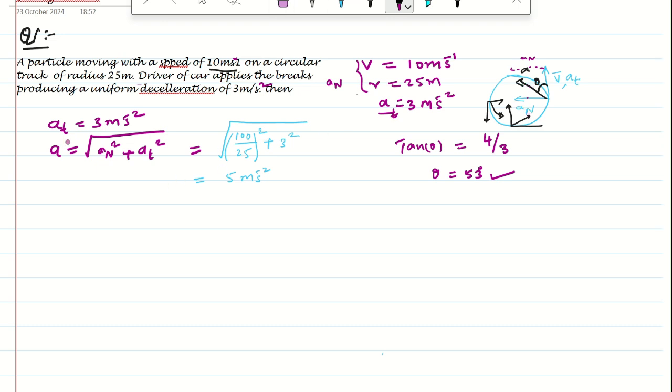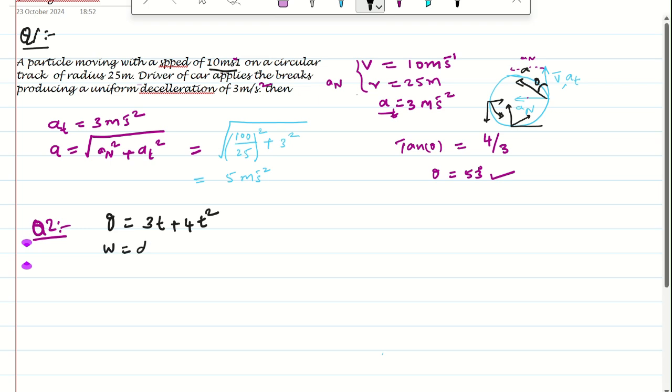So the next question is related to kinematics of circular motion. They are given theta is equal to 3t plus 4t square. We know angular velocity omega is equal to d theta by dt, which is 3 plus 8t. So angular velocity is varying with respect to time.